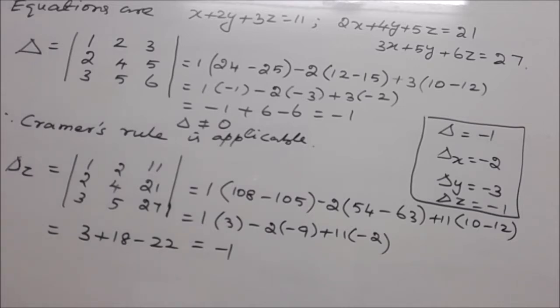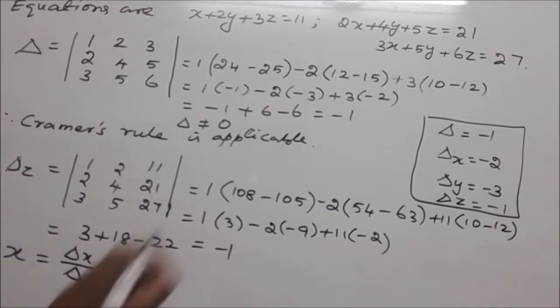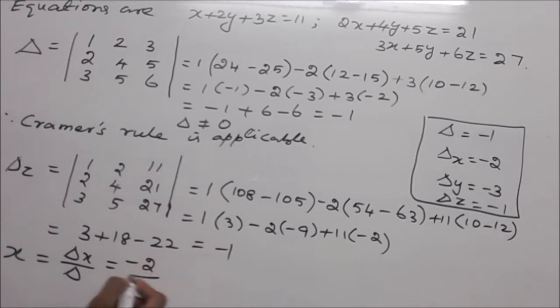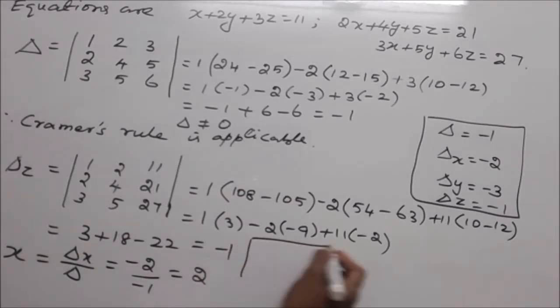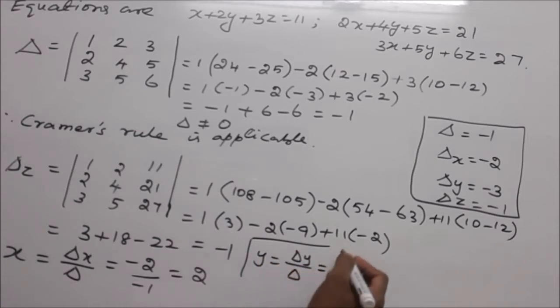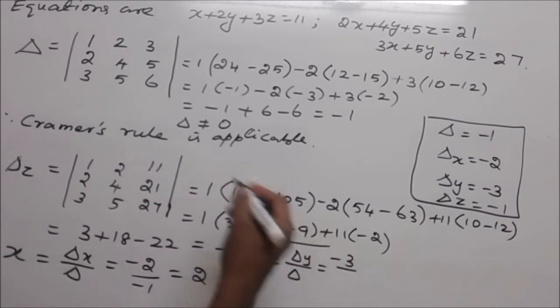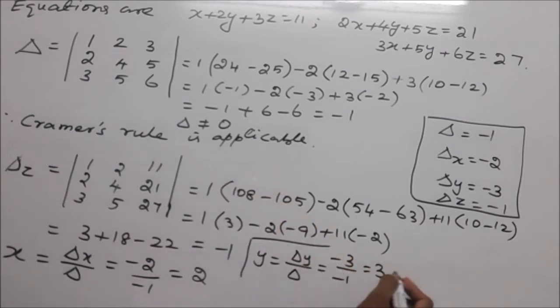Therefore, by Cramer's rule, the solution x is equal to delta x by delta. Delta x is minus 2 and delta is minus 1, so x equals 2. Then y equals delta y by delta, that is minus 3 divided by minus 1, equal to 3.